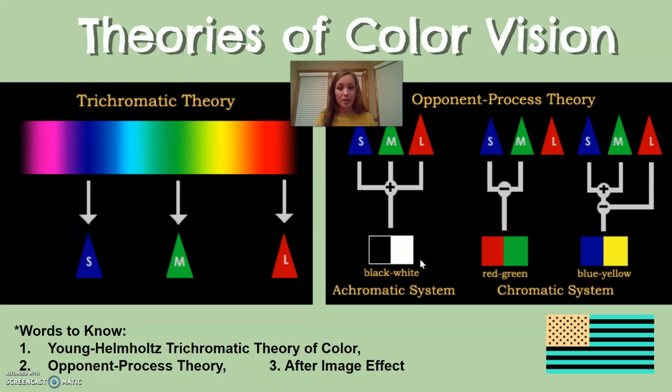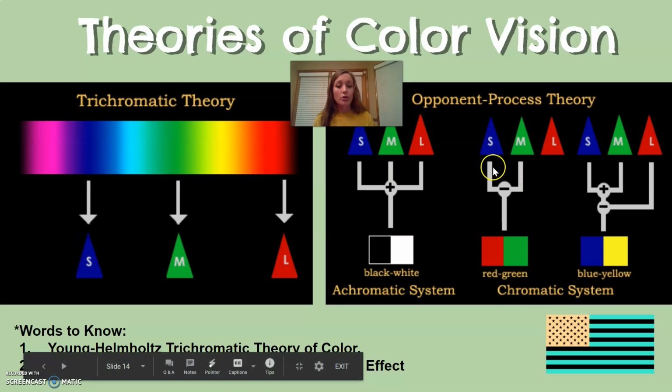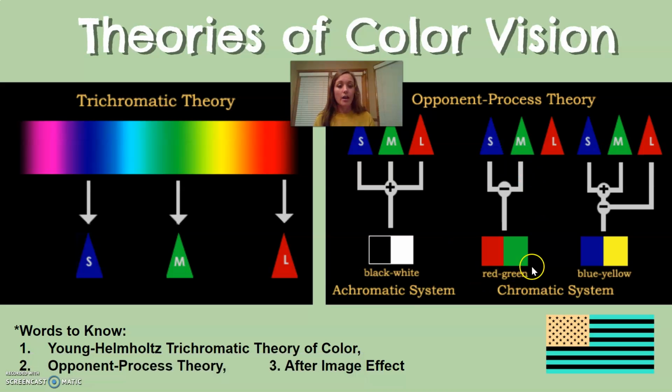Partial color blindness would be if they have some kind of dysfunction in one of their cones. For example, if they're having difficulty distinguishing reds and greens, then that means that their red-green cone has some kind of dysfunction, and so they have trouble distinguishing reds and greens, or vice versa, maybe they have trouble with blues and yellows.